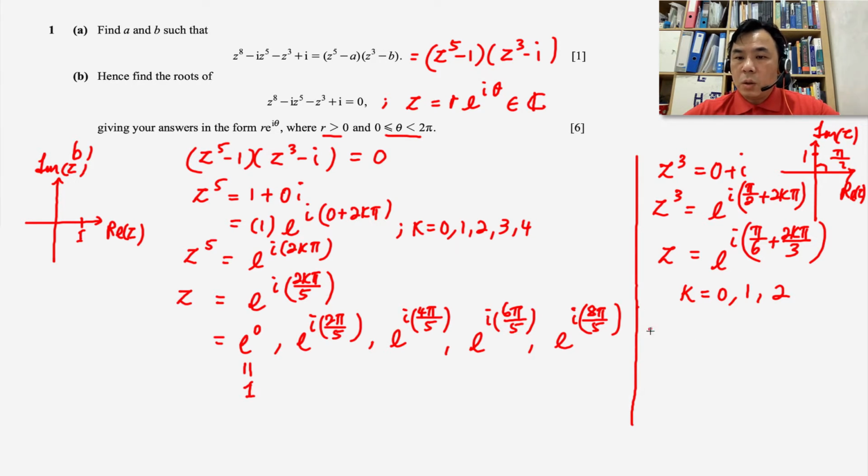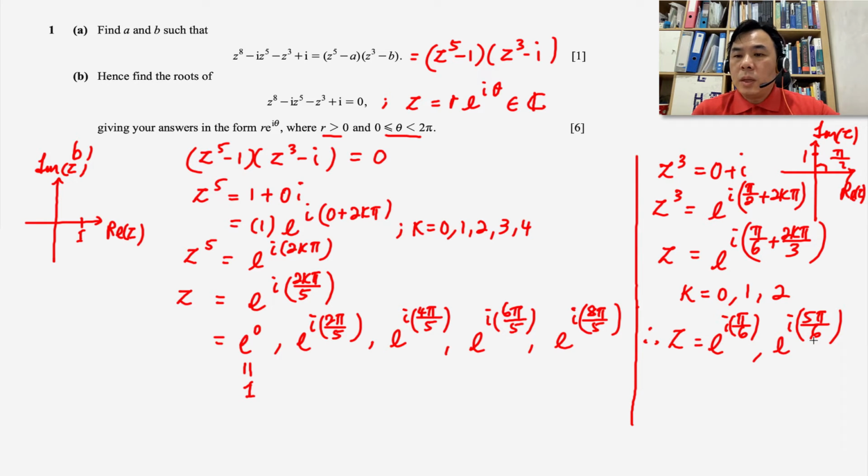Therefore, we can conclude that z, when k is equal to 0, is e^(iπ/6), that's one of them. Then when k is equal to 1, we will have e^(i5π/6) here. Let me check one more time if I got it correct.